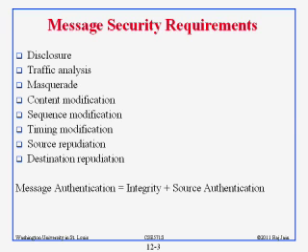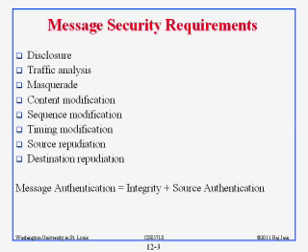Masquerade means somebody else cannot become you. Content modification, so nobody should be able to change the content. Sequence modification, they should not be able to move the messages around so that the second message becomes first. Timing modification, so that they could not play the message tomorrow instead of today. Replay attacks.